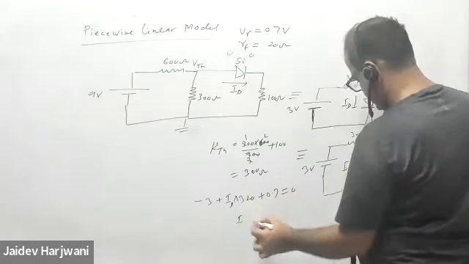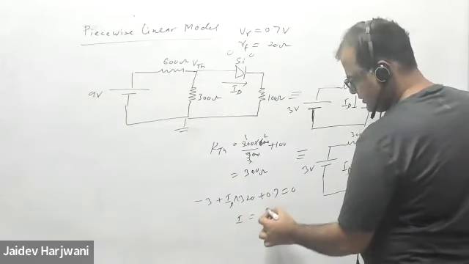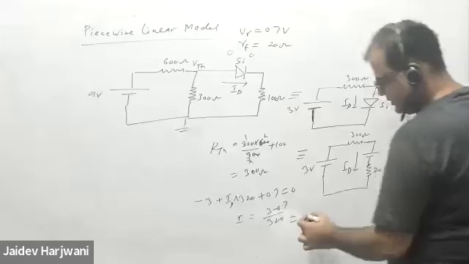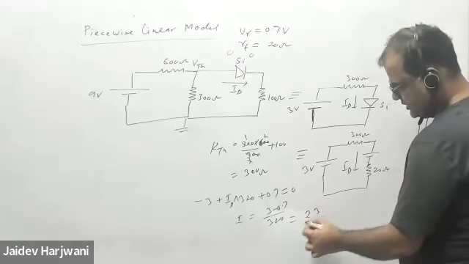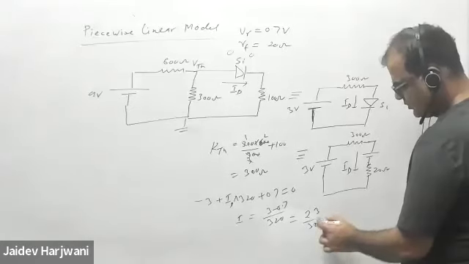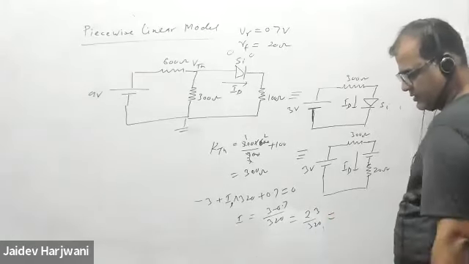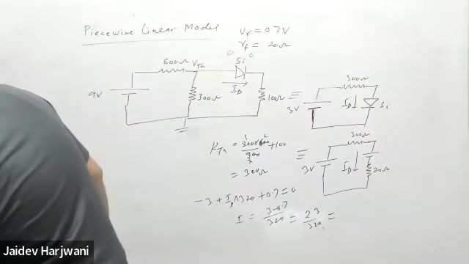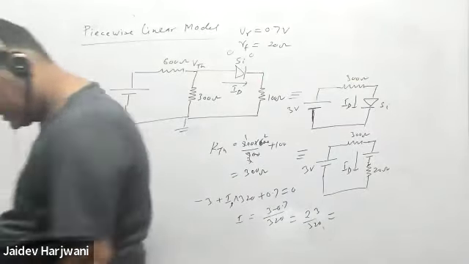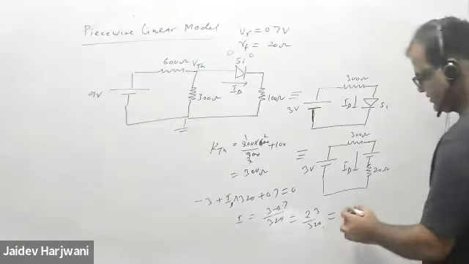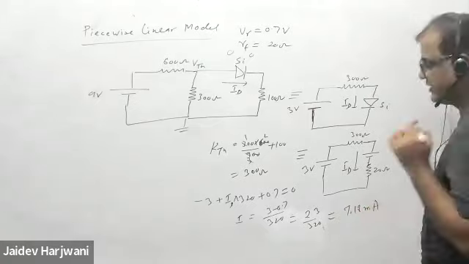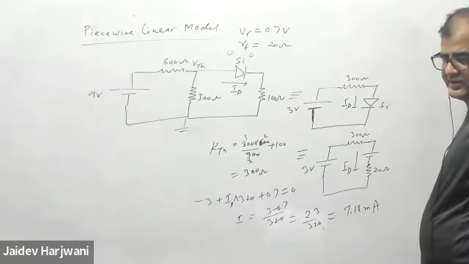So ID will be 3 minus 0.7 upon 320, that is 2.3 divided by 320 ohm. Okay, how much is coming? Tell me, current. 7.18 milliampere. Please check if it is correct.